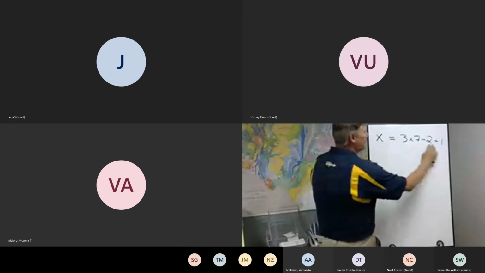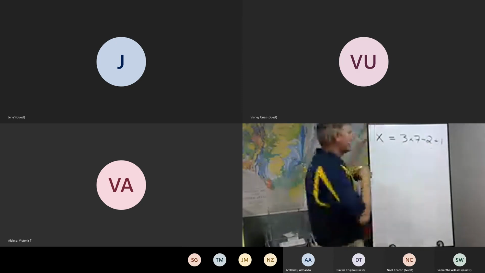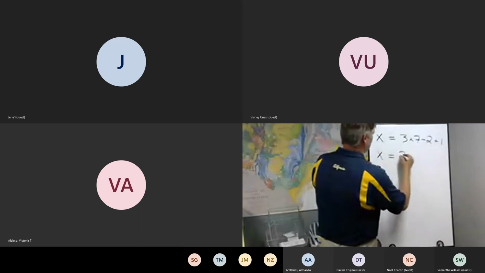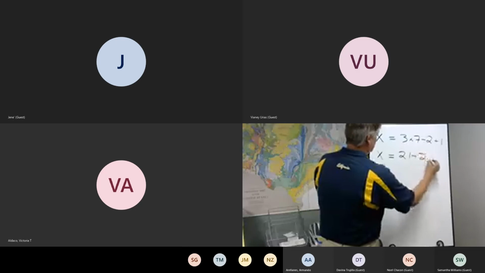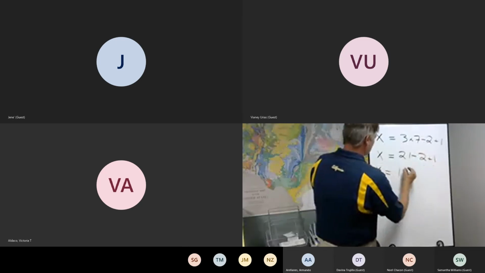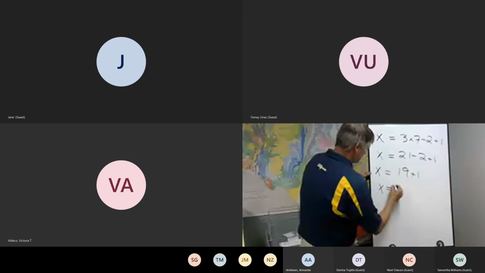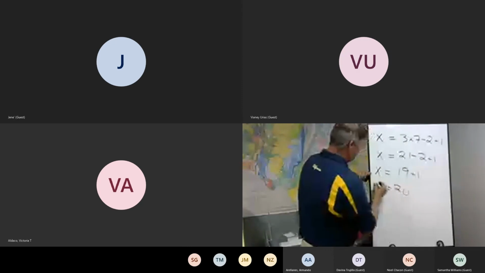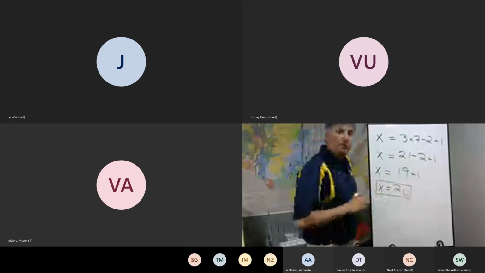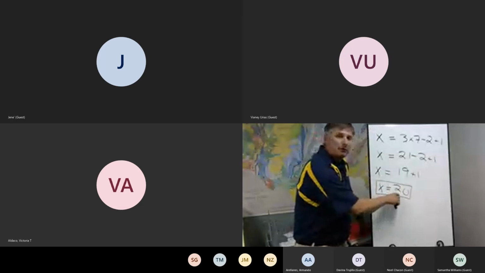But if we do these computations, then this is what we're going to get. Well, lo and behold, X is equal to 20.